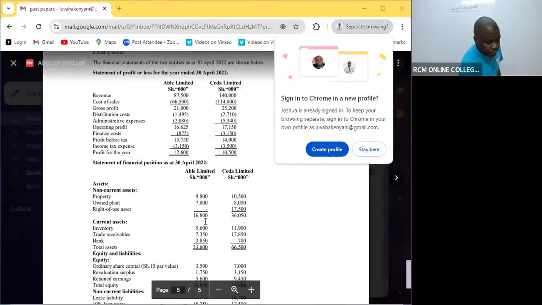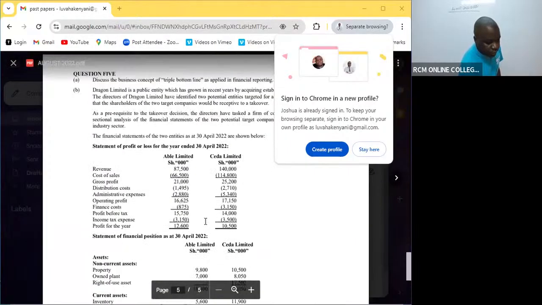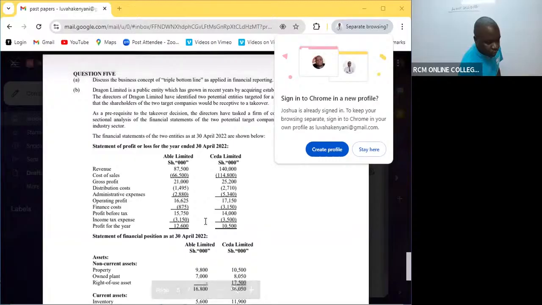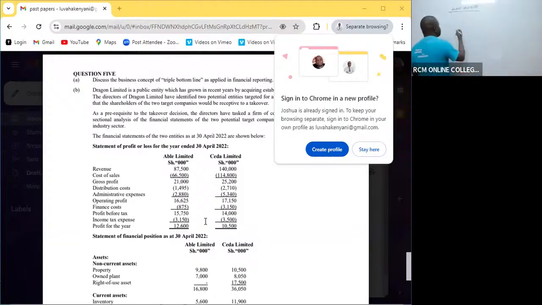So we can represent the statements. That is a common size statement, the common size statements for the two entities.